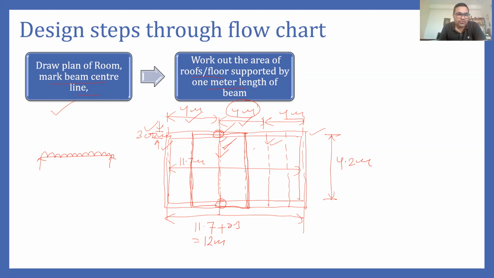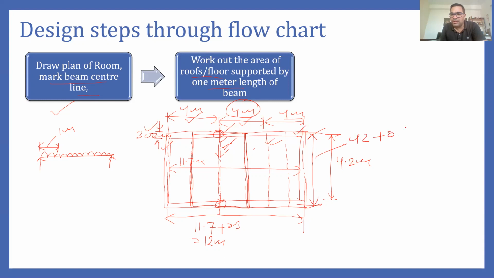Here we have to find out how much weight it is carrying at 1 meter length. In this case also, the length of beam will be measured from center to center of the wall. So the length of beam is 4.2 meter plus half of the thickness of this wall and half of the thickness of this wall.